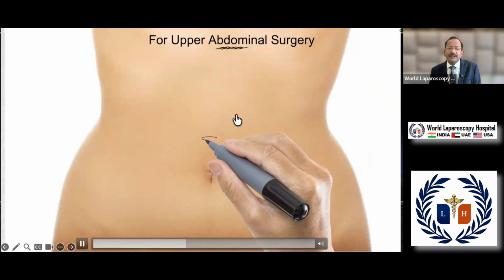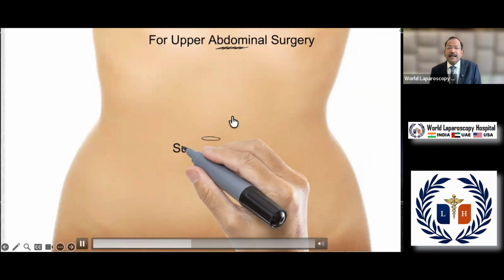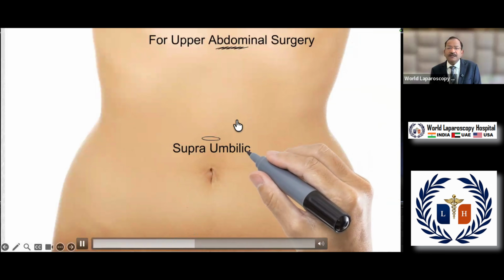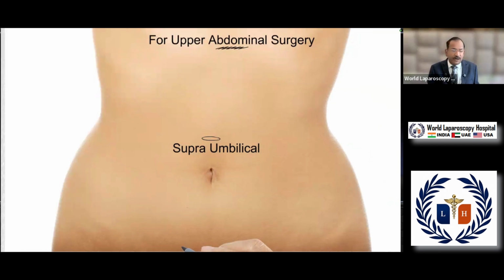This is 18 centimeter in the normal patient and 22.5 centimeter in the obese patient. So, this is important that we should keep in mind.